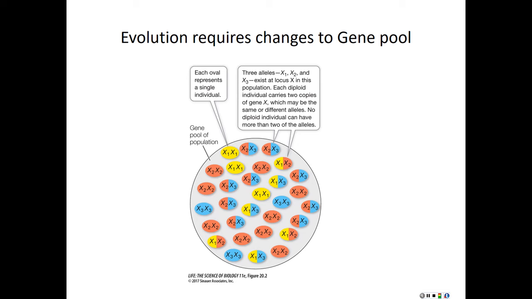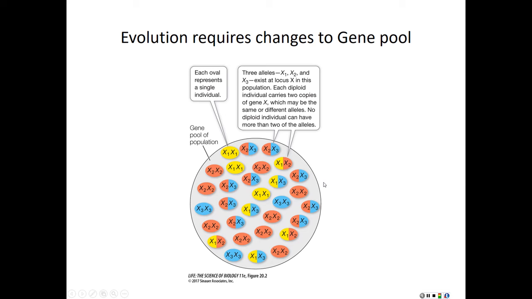So here we have an example of a hypothetical population with each oval representing a different individual organism. And we've got three different alleles in the population. We're calling one X1, which is the yellow, X2, which is the red, and X3, which is the blue.